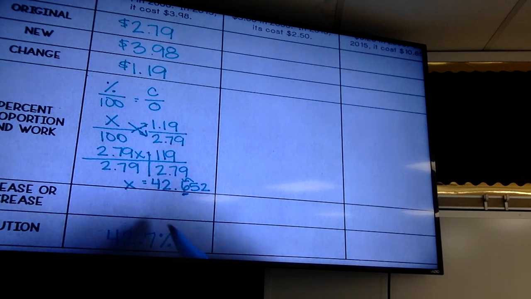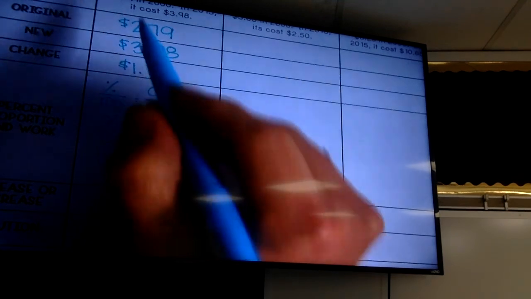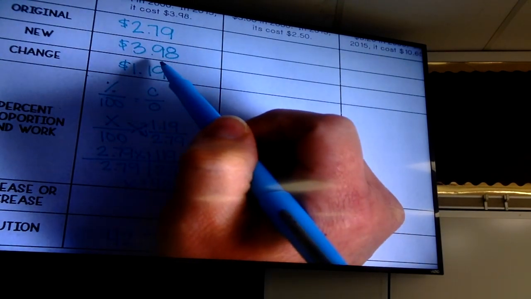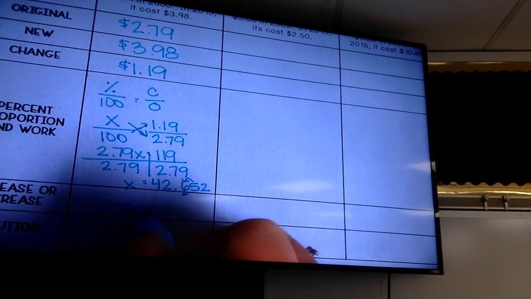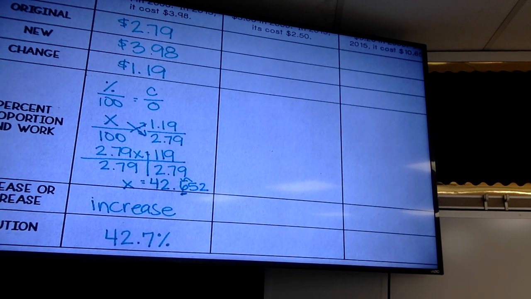One part is the percent, which we've come up with. The second part is a word: we have to put in the word increase or decrease. If it was $2.79 and now it's $3.98, that's an increase. So I would say the cost of milk has increased by 42.7% in those 15 years.